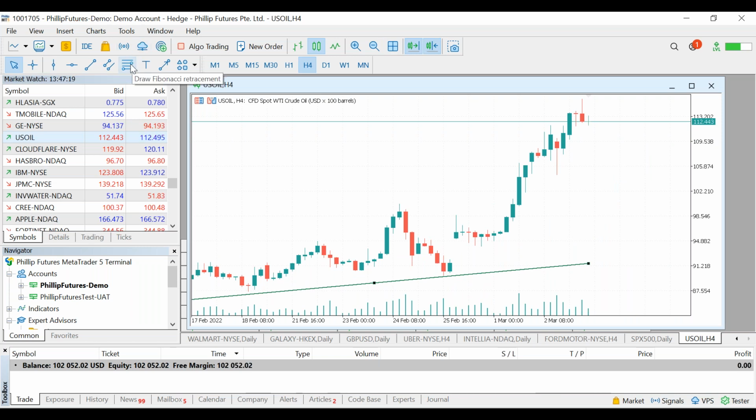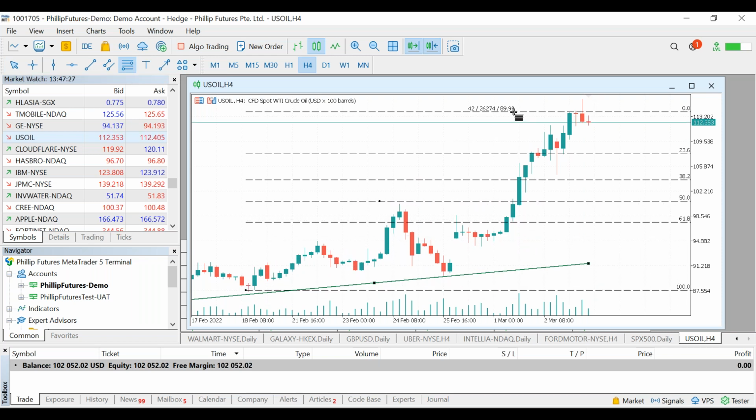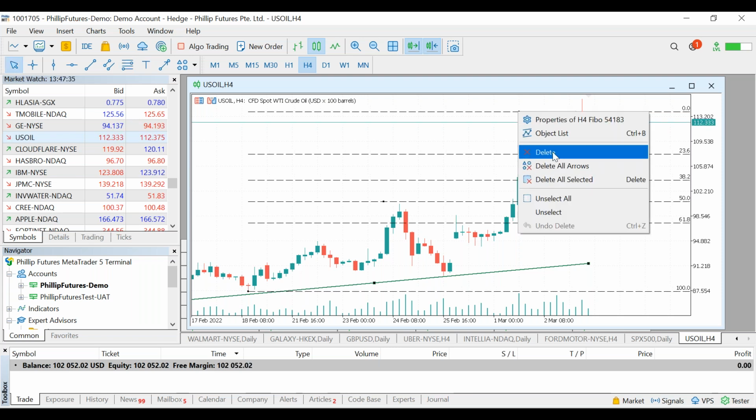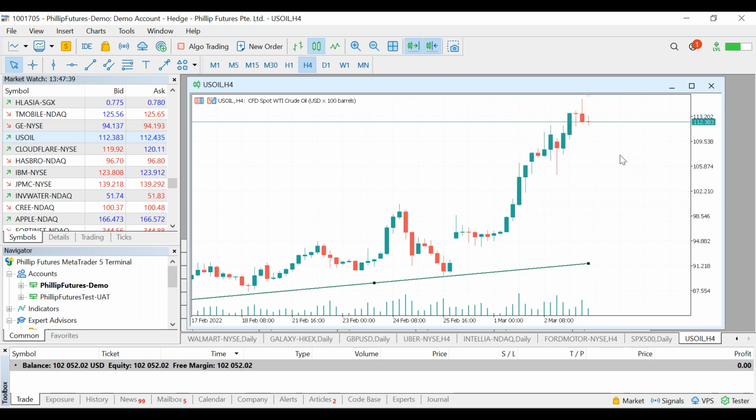The Fibonacci tool can be found here. Just drag. Basically, the Fibonacci tool is a very powerful tool for traders to determine a possible support and resistance level. You can remove it by simply double clicking on it and delete.